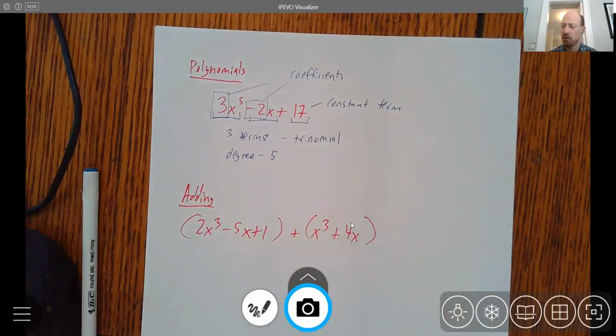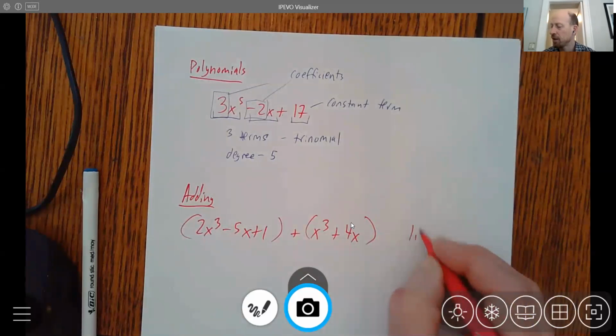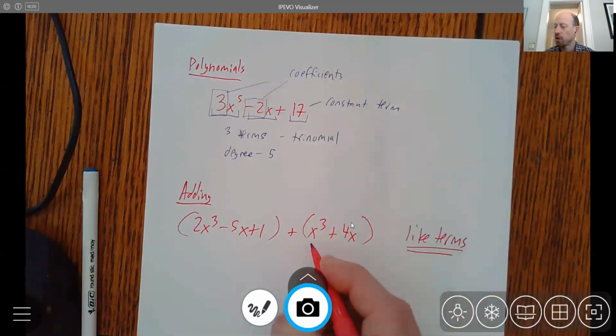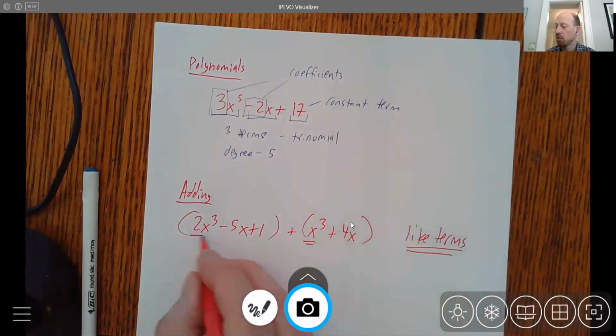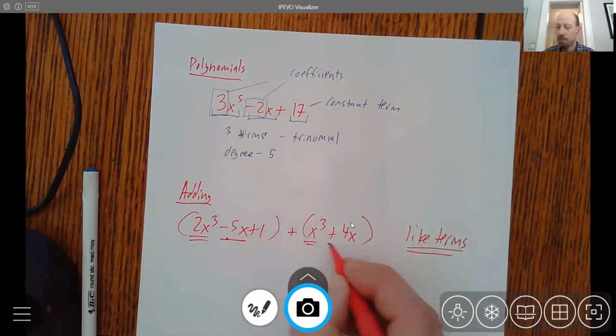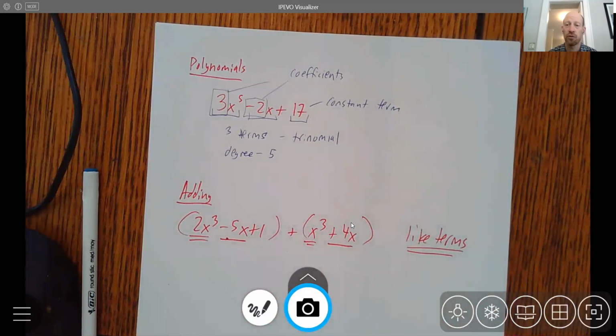And the whole key there is just make sure that you only add like terms. Like terms are the ones that have the same variable portion, right? So the 2x cubed and the x cubed, the minus 5x and the 4x, those can be combined, the other terms cannot.